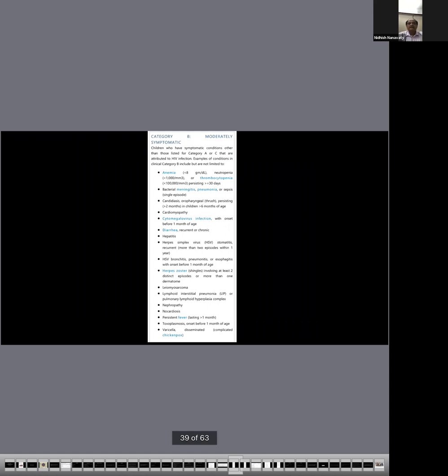In category B, which is known as moderately symptomatic children, they have anemia, meningitis or pneumonia, fungal infection, disseminated fungal infection or local fungal infection, cardiomyopathy, CMV infection, diarrhea, hepatitis, lower respiratory tract infection, HSV infection, herpes zoster, lymphoid interstitial pneumonitis, nephropathy, nocardiasis, persistent fever, toxoplasmosis, and disseminated varicella.